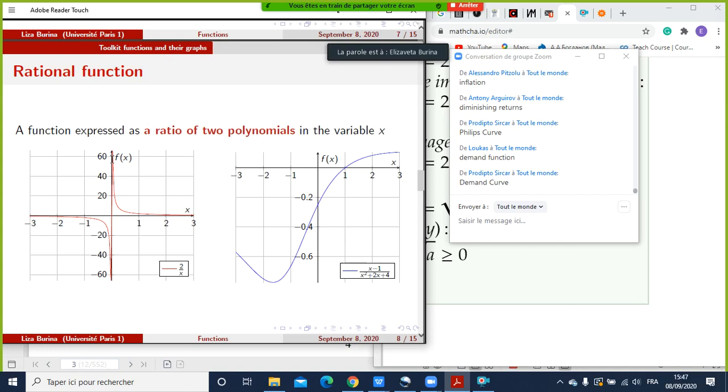This is the perfect rectangular hyperbola. We use it for demand, this part, but not this part. In general, a rational function is a ratio of two polynomials. A polynomial is an expression that contains variables or parameters, and real numbers.